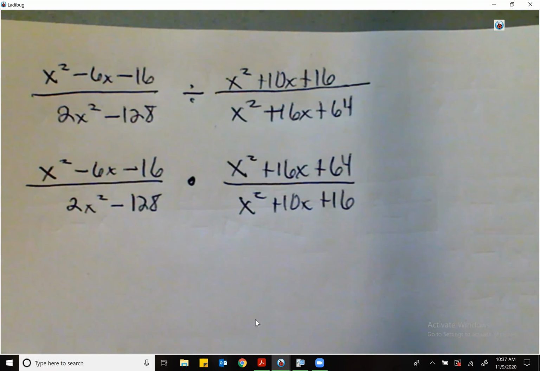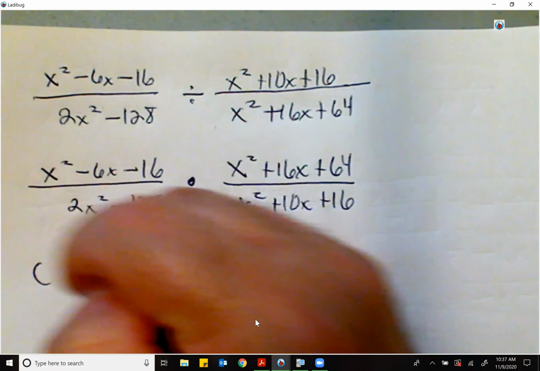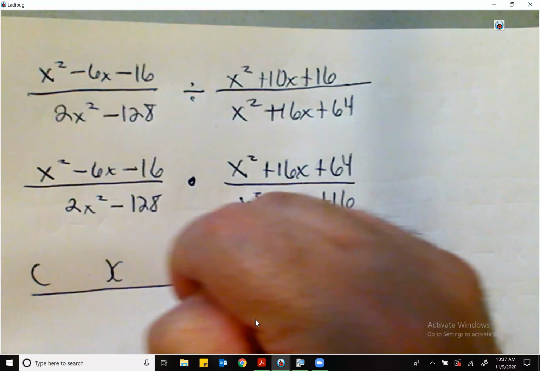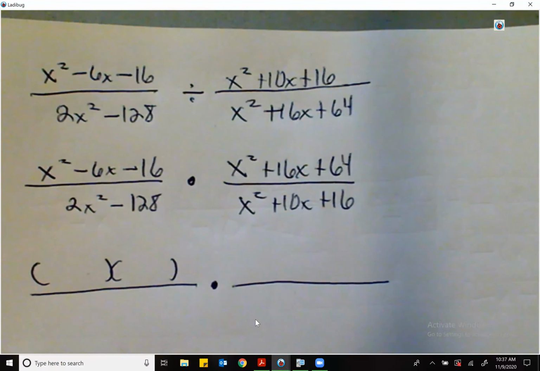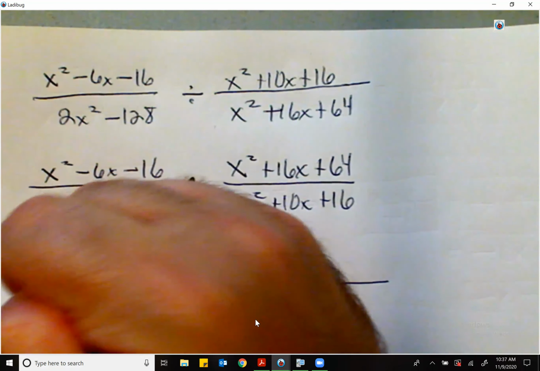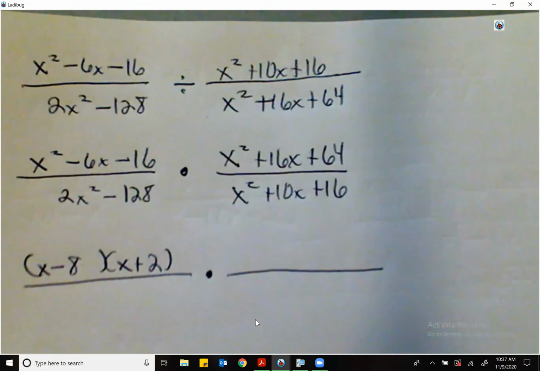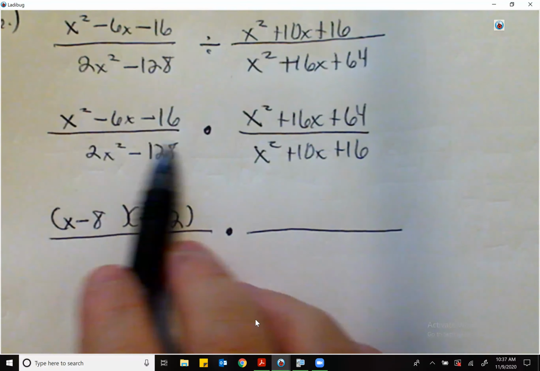Everybody factors. So we need to know, what does x squared minus 6x minus 16 factor to? x minus 8, x plus 2. You got it. Now the question is, what does 2x squared minus 128 factor to?